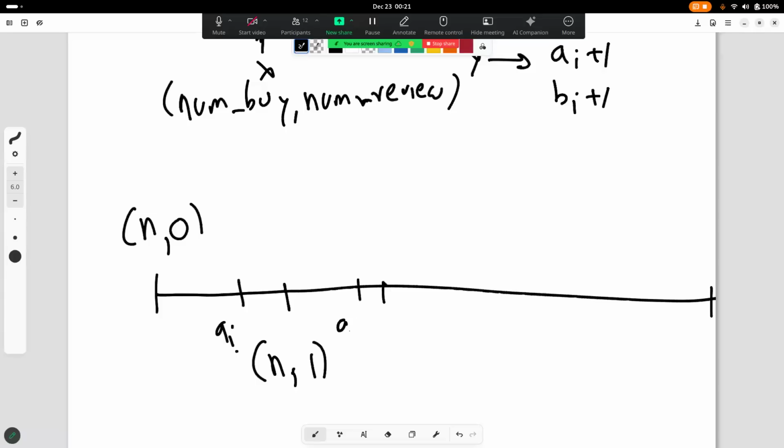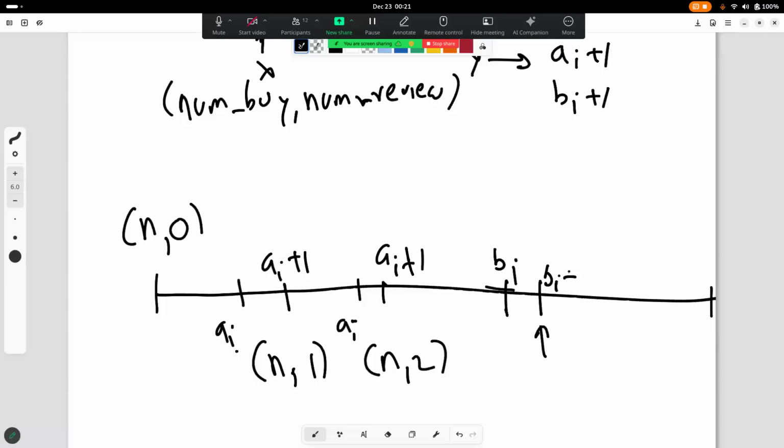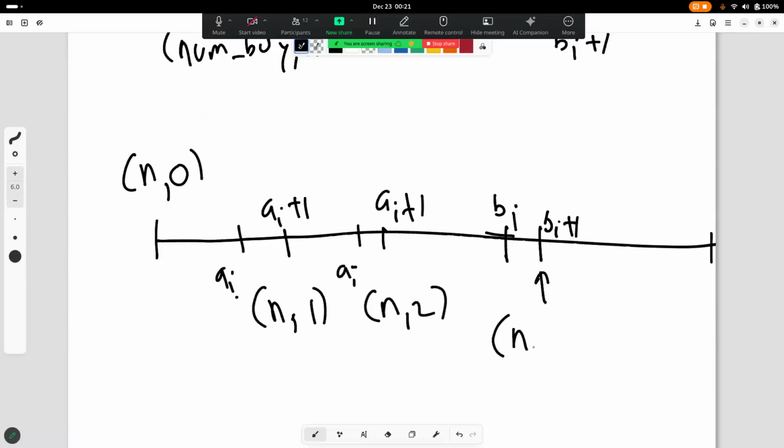Maybe you exceed one more A of I over here. The number of buyers would remain the same, but one more buyer would give you a negative review. So this is A of I, and this would be A of I plus 1. Same over here. And let's say some more over here you exceeded one of the B of I's. Starting from here, that is B of I plus 1, one of your buyers has been reduced and one of your negative reviewers has also been reduced.